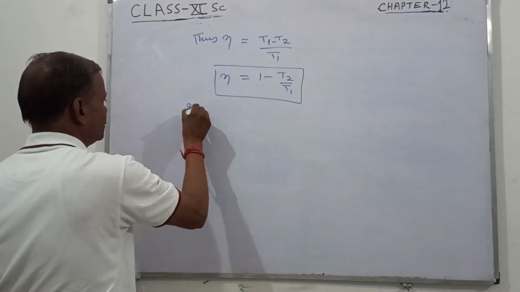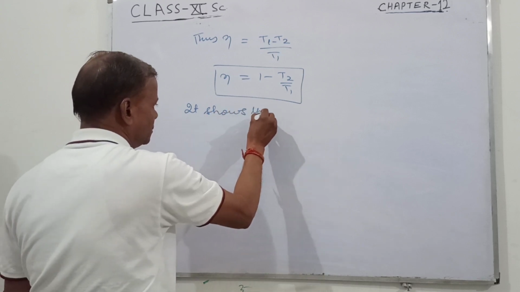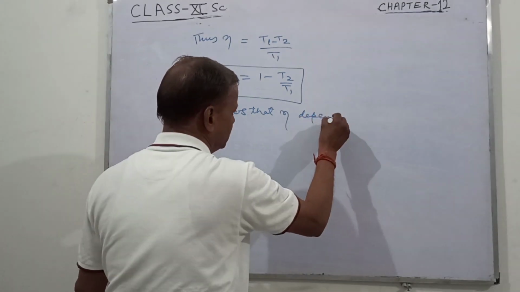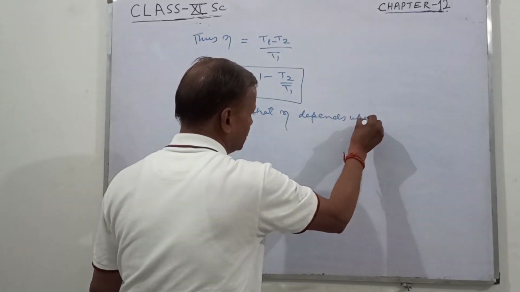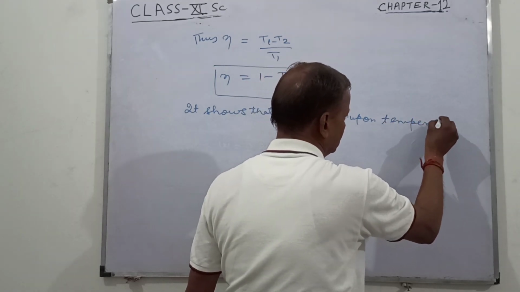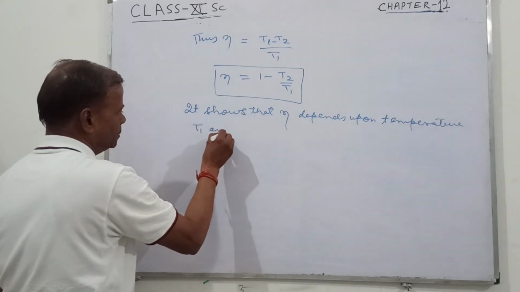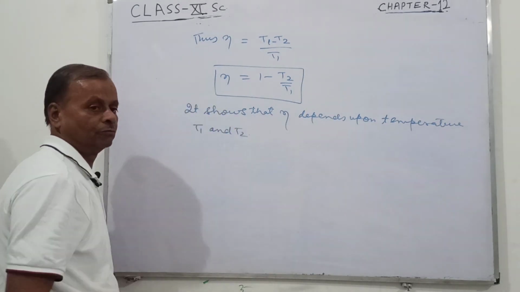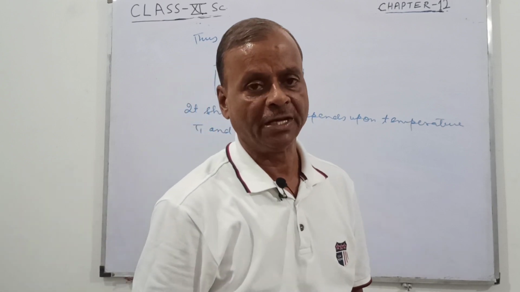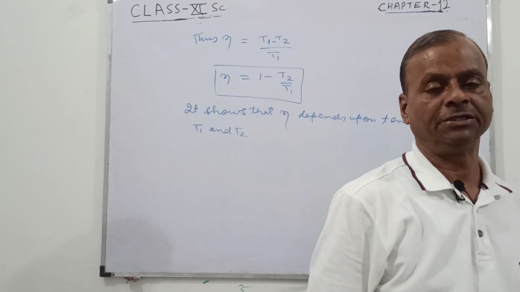It shows that eta depends upon temperature T1 and T2. So this is about the Carnot cycle, and this is how to find the work done and the efficiency of the engine.